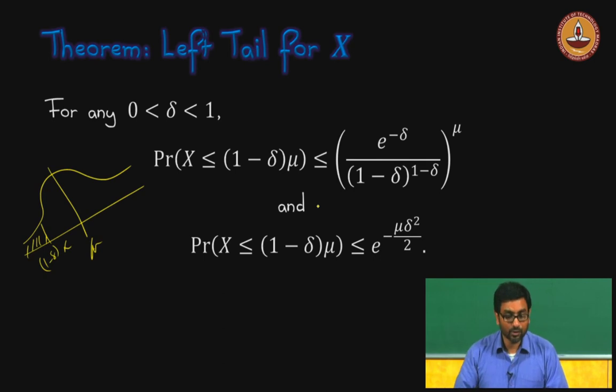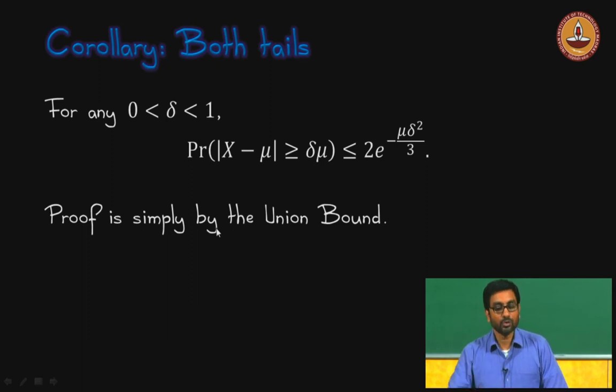And in fact, you can take the second form of the left and the right tail, put them both together and apply the union bound, and you get a combination of both right and left tails. So, because it is a combination of right and left tails, the probability that the absolute value of x deviates from the expectation by more than delta times mu is at most 2 e to the minus mu delta square by 3.